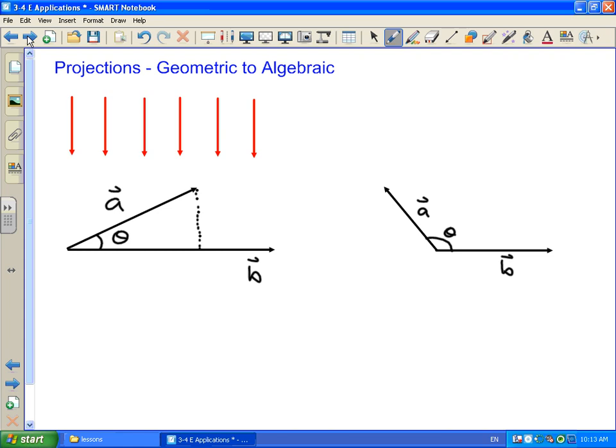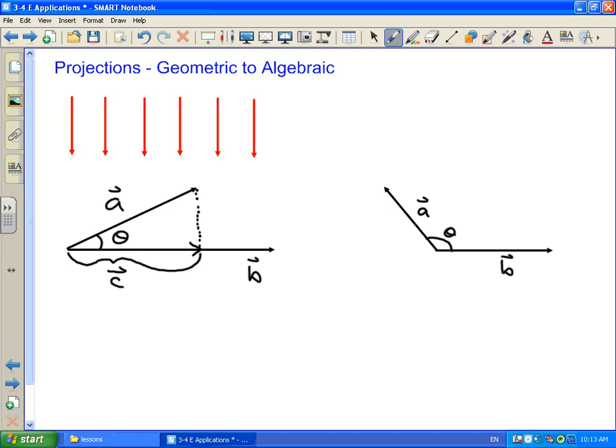This thing right here, which is our shadow, this is the projection of a onto b. So you're taking this a here and you're kind of flattening it down onto b here. So we'll call this thing c right here. And we'll make it a vector by saying that it always points in the same direction as vector b, because that's what we were going for, right?